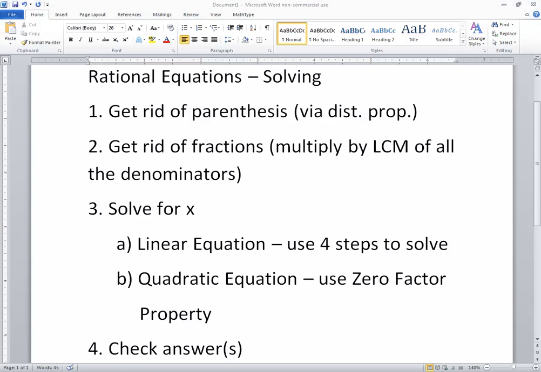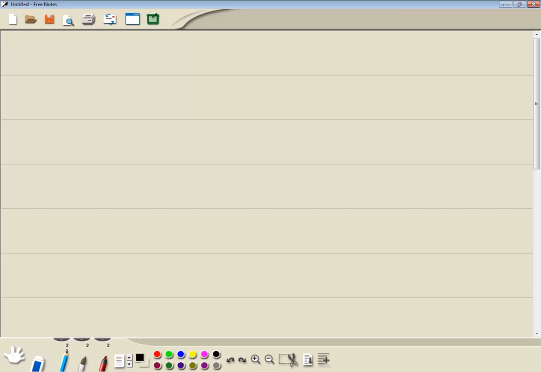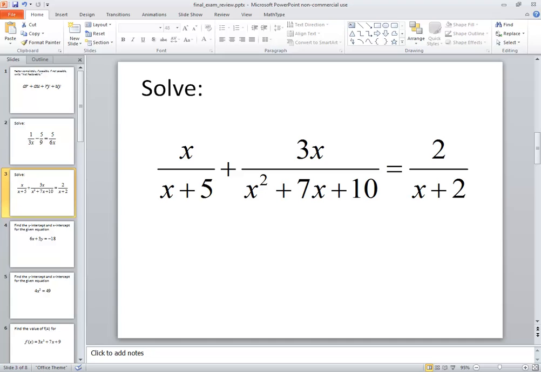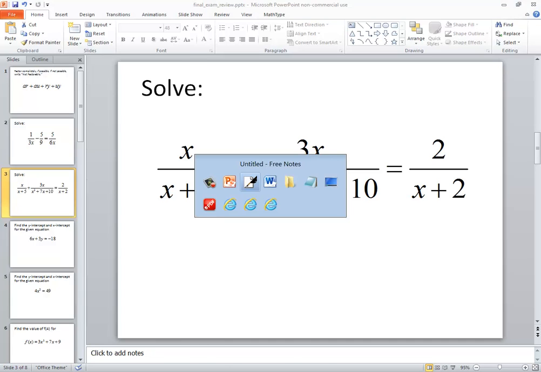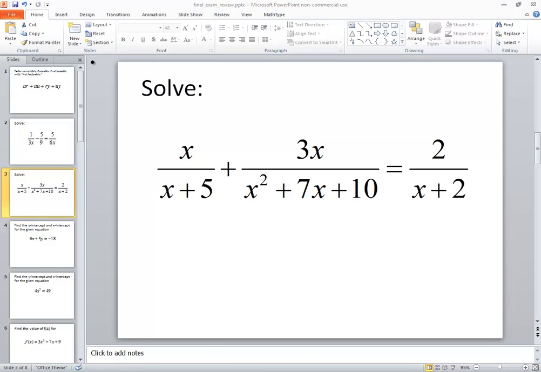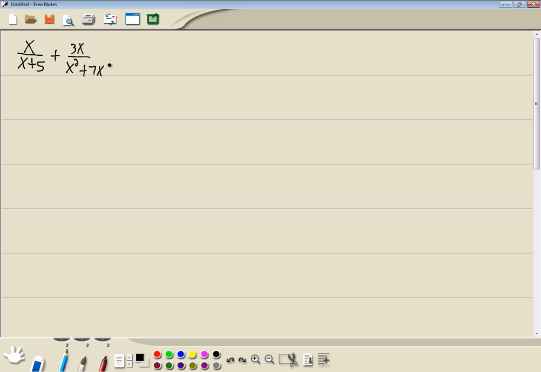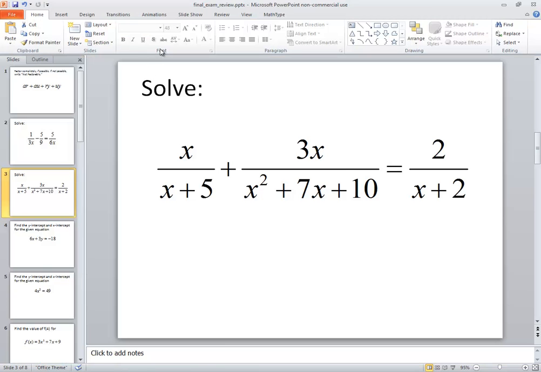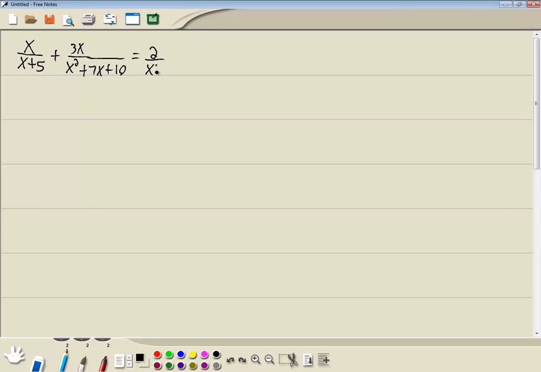So let's take a look at this problem. Okay, so we have x over x plus 5 plus 3x over x squared plus 7x plus 10 is equal to 2 over x plus 2.